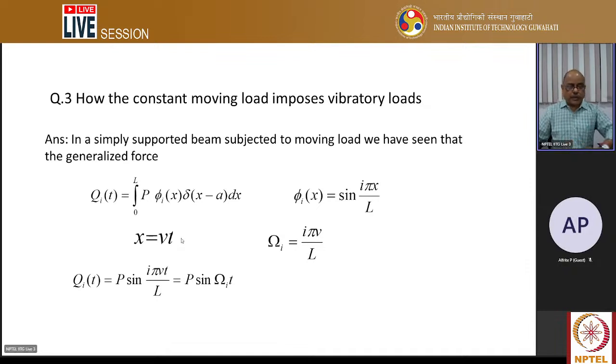So we get phi_i(x) equal to sine of i pi x by L. As a result, we get Q_i(t) equal to P sine omega_i t. So this imposes the vibratory load.